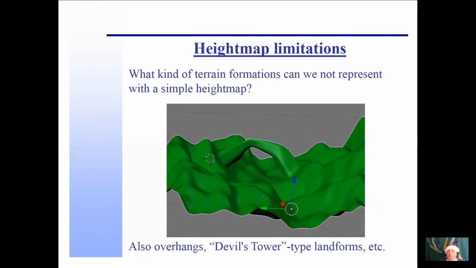Another possible approach is to provide a triple height map. Okay, it's maybe not the most efficient method, and it will also allow you to create just a single cave at a given XZ position. You cannot create systems of caves one under the other like you have in Minecraft, for example. But what I mean with this triple height map, there would be one height map with the upper shape of the terrain.